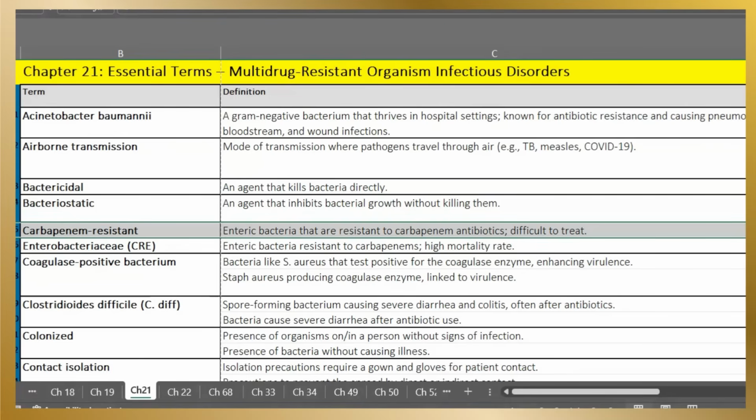Carbapenem-resistant enteric bacteria that are resistant to carbapenem antibiotics, difficult to treat.